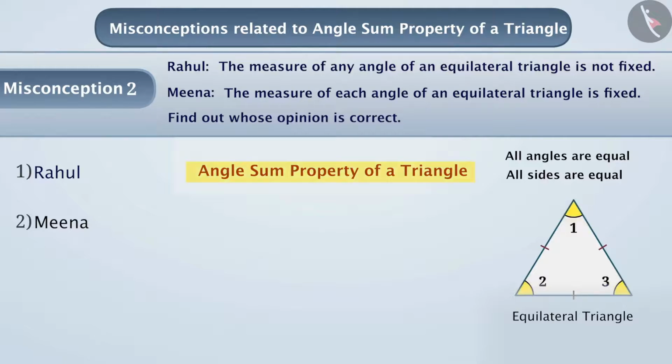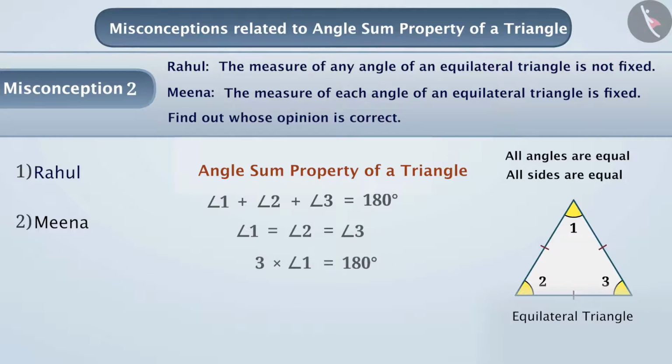According to angle sum property of a triangle, we can write angle 1 plus angle 2 plus angle 3 is equal to 180 degree. Since in an equilateral triangle, angle 1 is equal to angle 2 is equal to angle 3, therefore we can write it as 3 multiplied by angle 1 is equal to 180 degree.